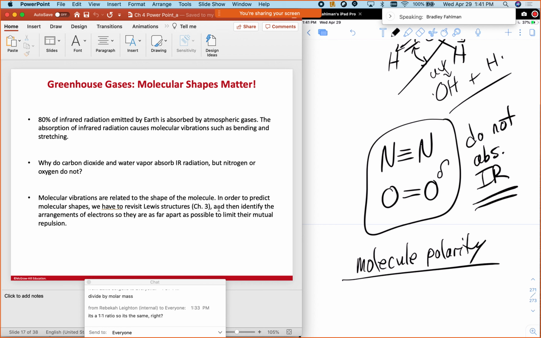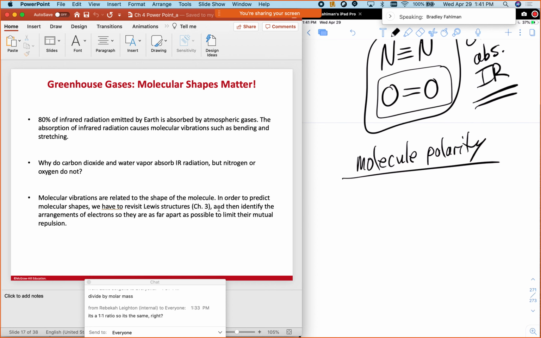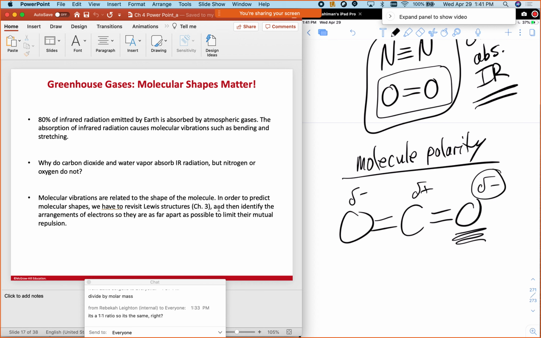If it's the same atom, you can't do that; one side isn't going to be more negative than the other. Since there's no change in polarity, they can't absorb infrared radiation. So it's ones like this, where the oxygens are more electronegative, so those are the negative ends, and this is more electropositive. And so now you can change the asymmetric stretching.